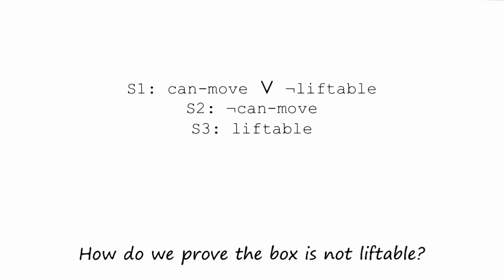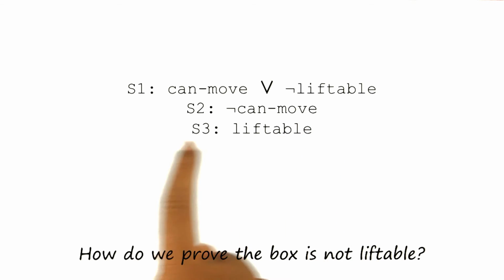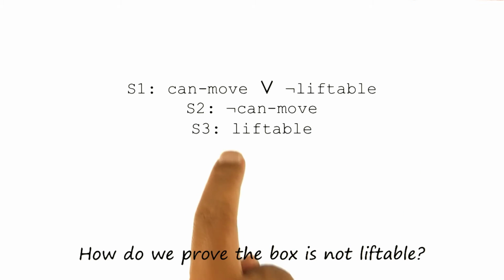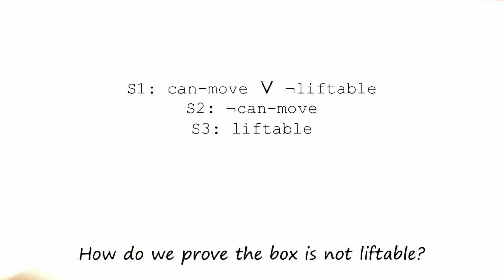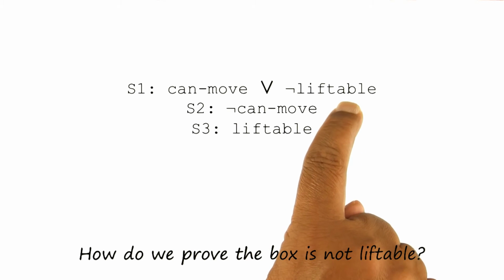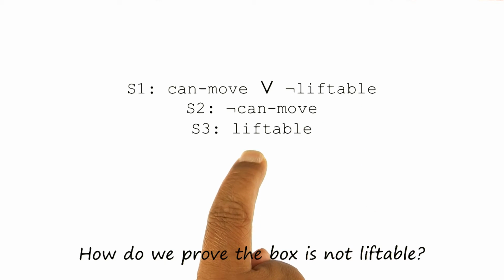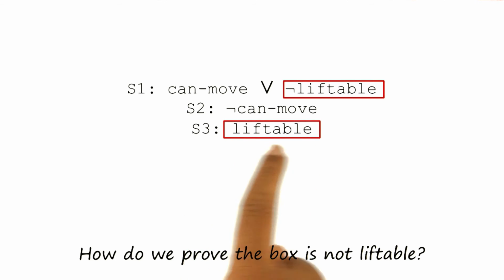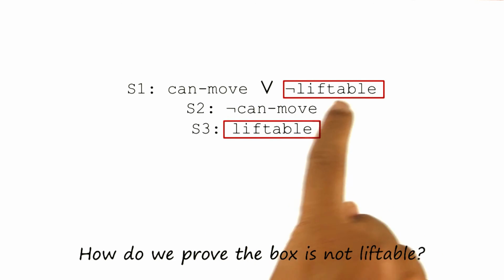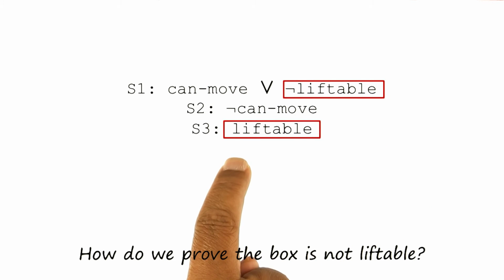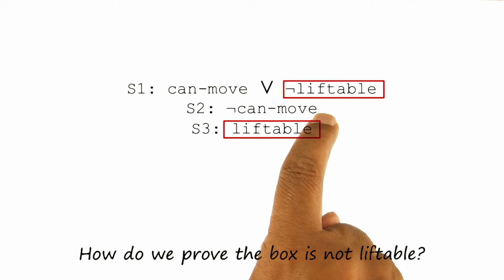In resolution theorem proving, we always begin with a literal in the sentence that we want to prove. Here that sentence is liftable. We look for a sentence that contains the negation of a literal in it. Sentence S1 contains a literal which is a negation of that, so we pick S1 and not S2.